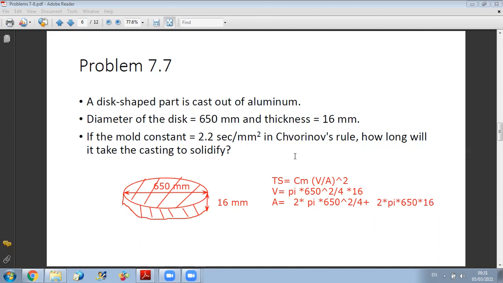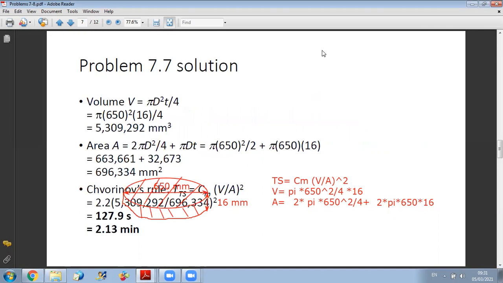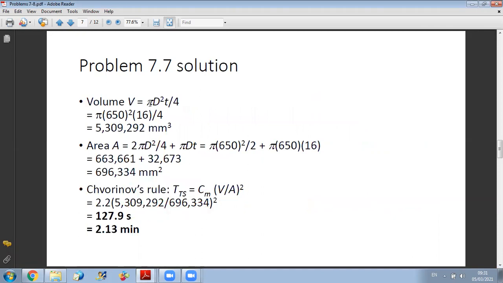And we replace into the expression of the solidification time. So as you can see the steps, first we calculate the volume, pi d squared times thickness over 4. Then for the contact area, we have the two areas of circles plus pi d times thickness for the second area.